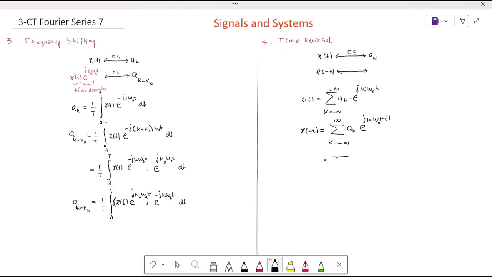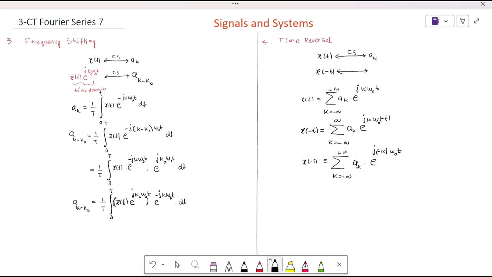So here the sum is k equal to minus infinity to plus infinity of a k into e power j into, now I am applying the minus to this k, so I write minus k omega naught into t. To find the Fourier coefficient, the exponential must be of the form e power j something into omega naught into t.